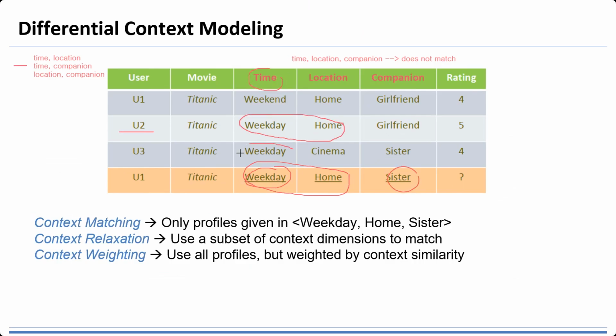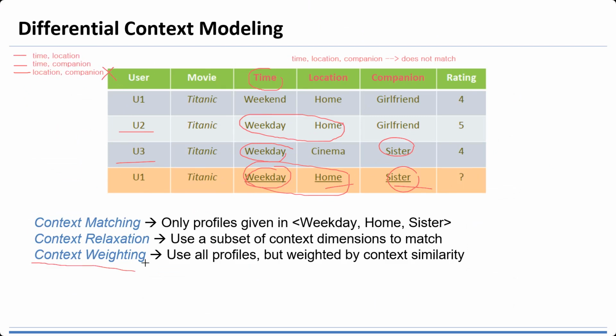Okay, the most similar user is user 2. And then let's look at location and companion: home and sister. There is no information about location and companion. Then we will just look at the time and location, and time and companion.